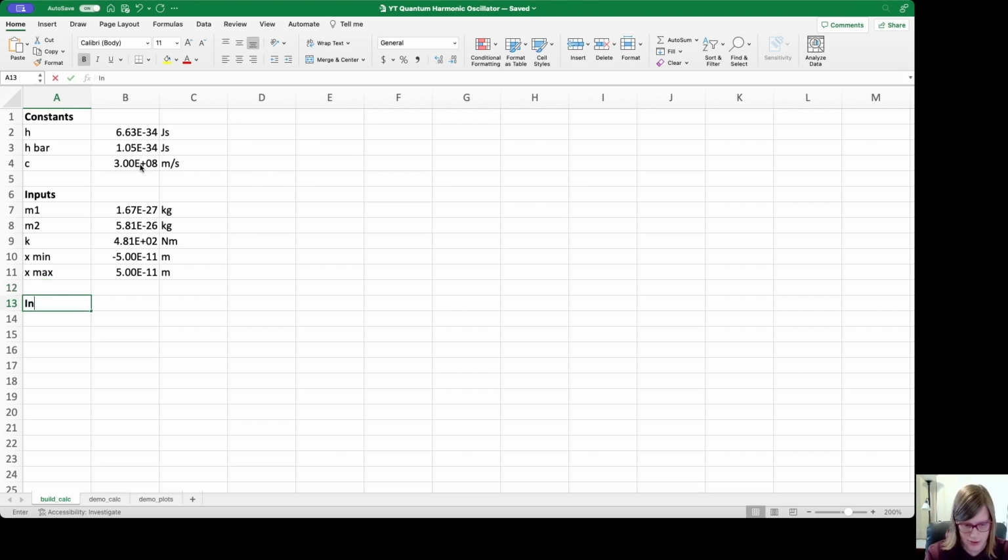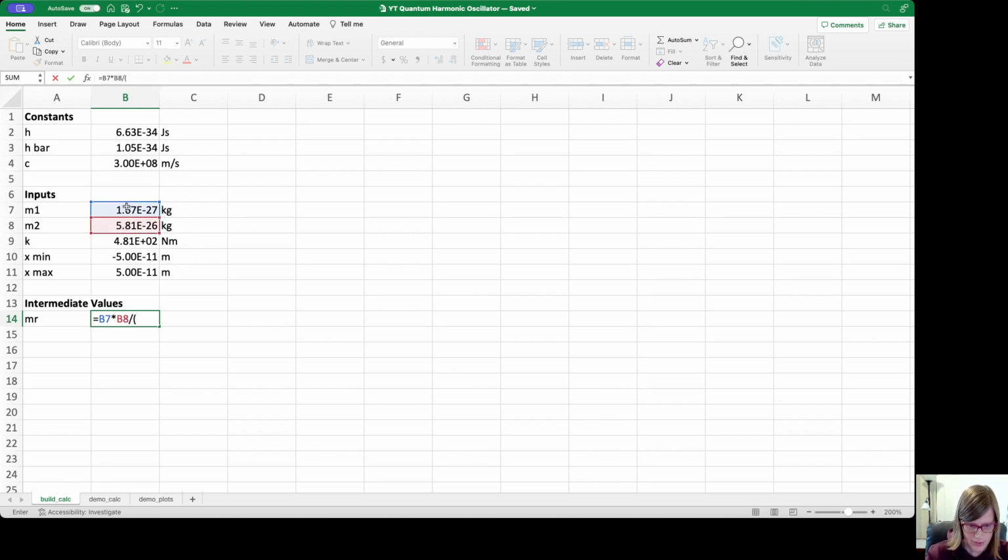That brings us to our intermediate values. MR is for reduced mass, and that's going to be equal to the product of these two masses, so this times this, divided by their sum, this plus this.